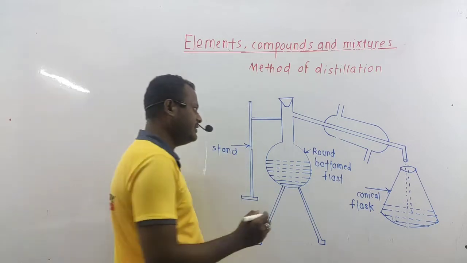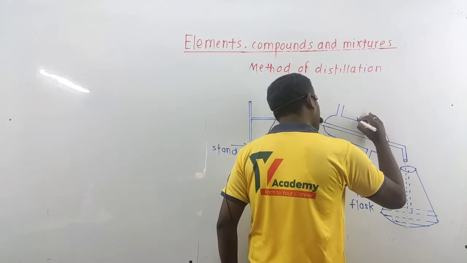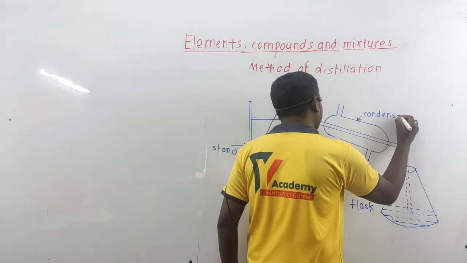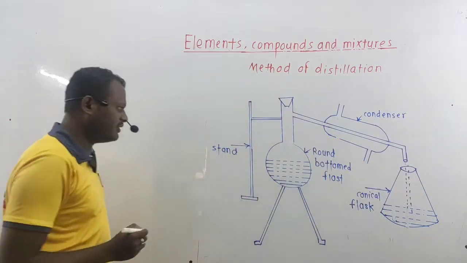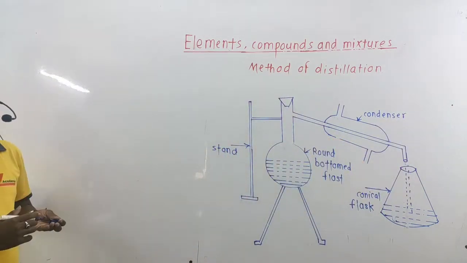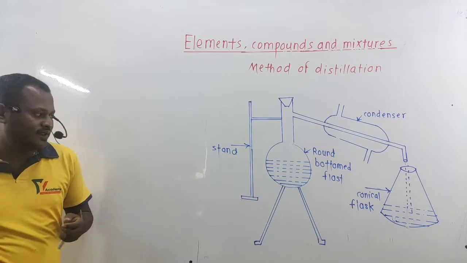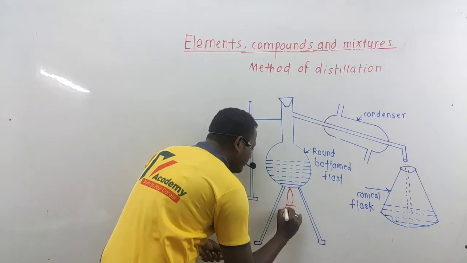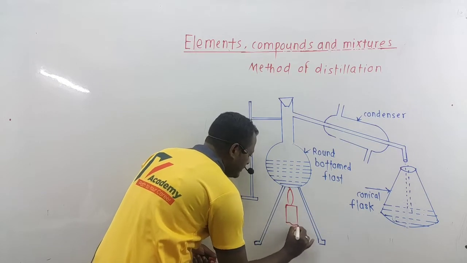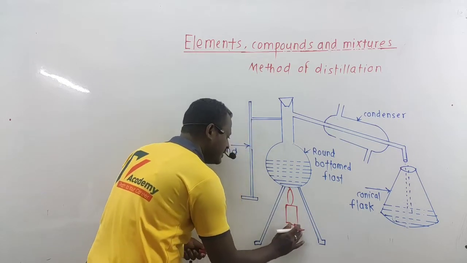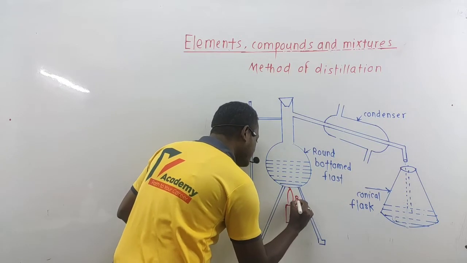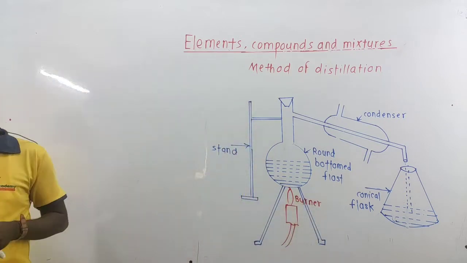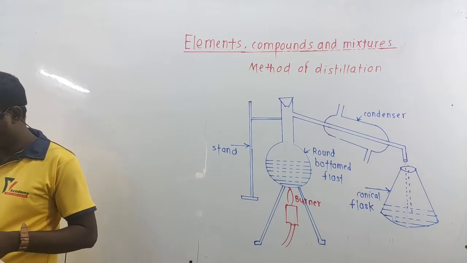This is a condenser. What is the function of the condenser, we will discuss in this process. And here there is a burner, the flame of the burner like that.